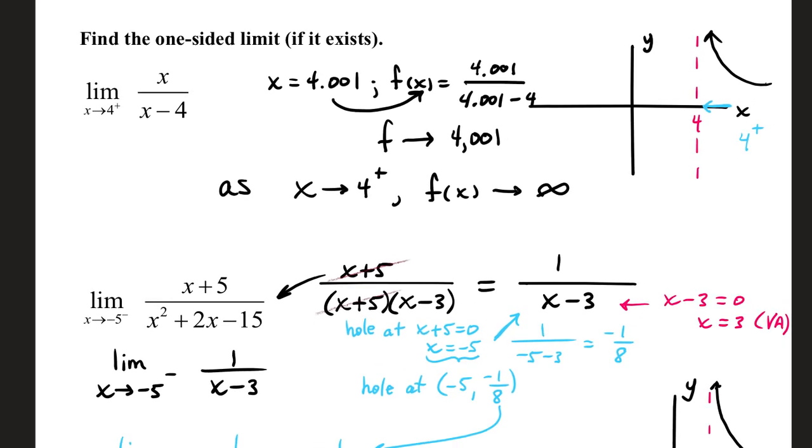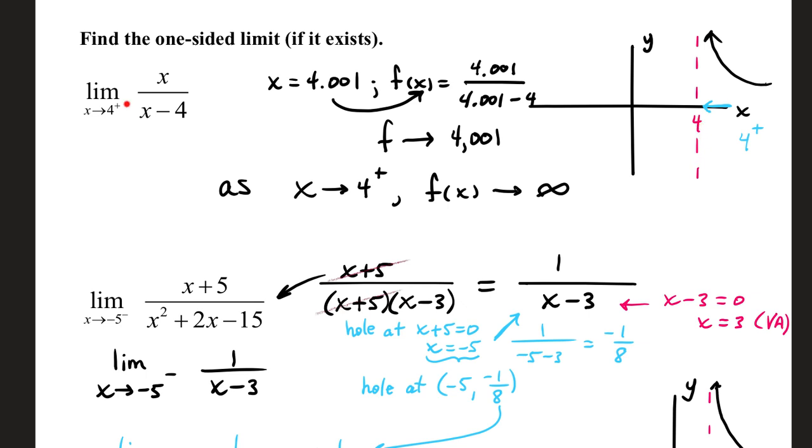Find the one-sided limit if it exists. We have the limit as x approaches 4 from the right for the rational expression x over x minus 4. Now, this denominator is 0 when x equals 4, so we know that there's a vertical asymptote at x equals 4.